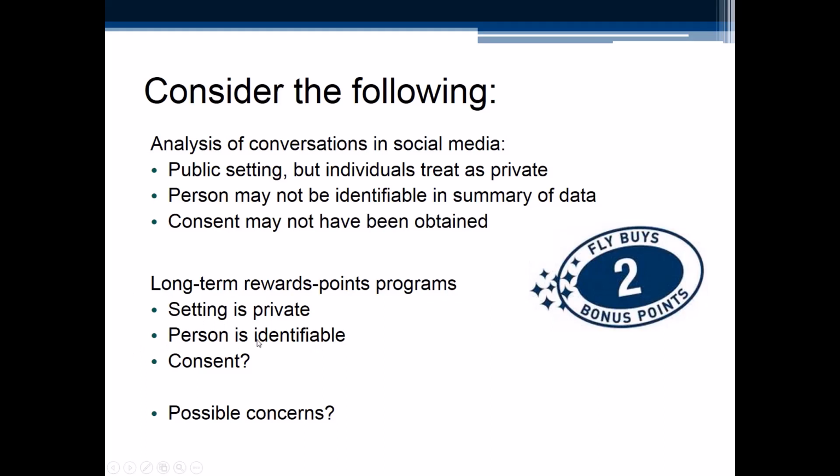People's purchases are very identifiable, especially when we scan our cards, but the reason that brands and those businesses such as Wesfarmers, who control Coles and Kmart, for example, the reason that they can collect that data and conduct research on that is that people have consented into those programs, have consented into businesses sharing that data and learning about our purchase behavior and linking that to us and other people within our households, for example. So while that represents observational data and we might see that as a private setting and people are identifiable, we consent into that. So that's why that's deemed somewhat ethical.